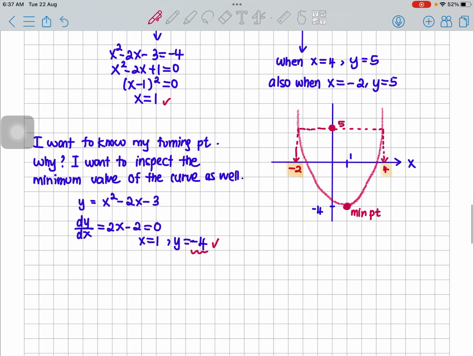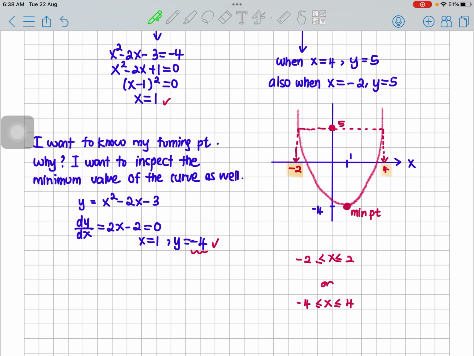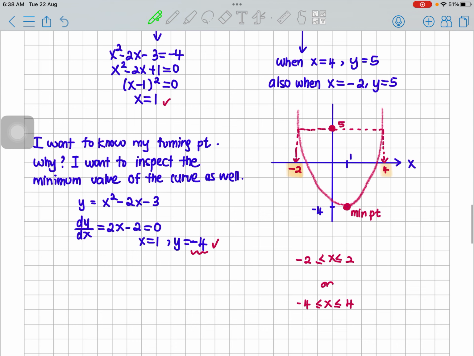Your possible answer could be x lying between negative 2 and 2, or x lying between negative 4 and 4. So let's inspect. Now, when my x is negative 2, see, when my x is negative 2, what is your y value? It is 5. So I'm going to restrict here.